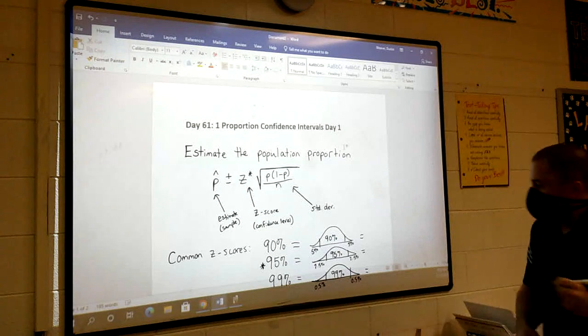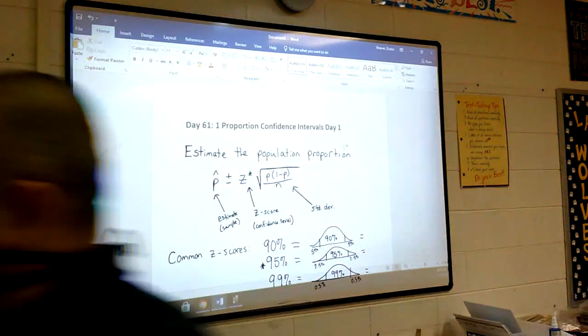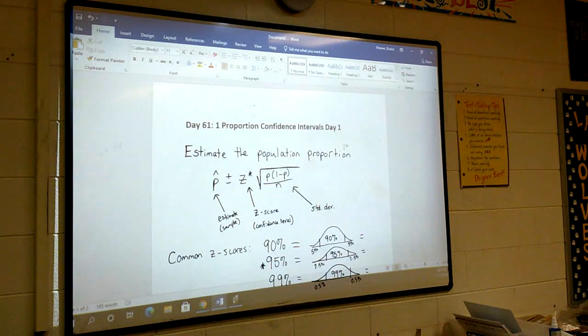Now, there is a way on the calculator to get these, but the best way is just to memorize the numbers eventually because you're going to use them so often. So let's see how we get these numbers.